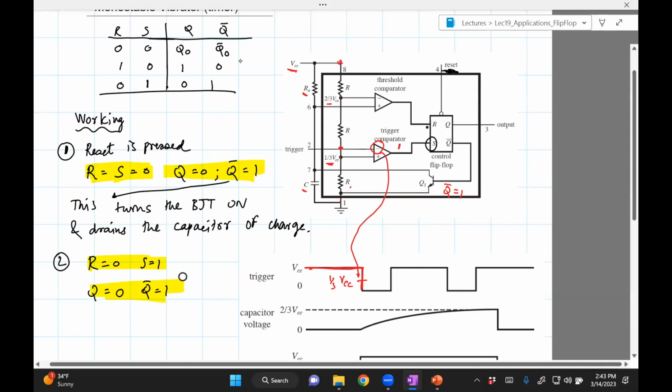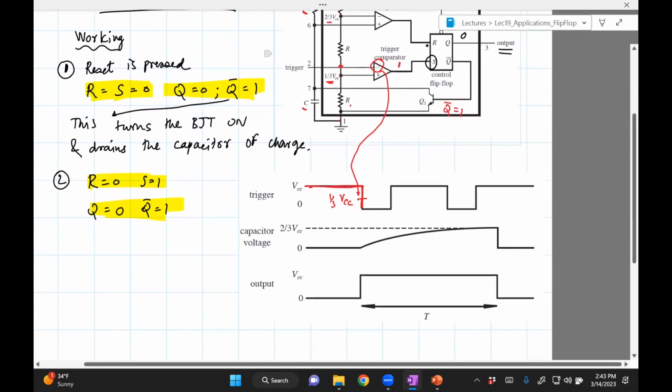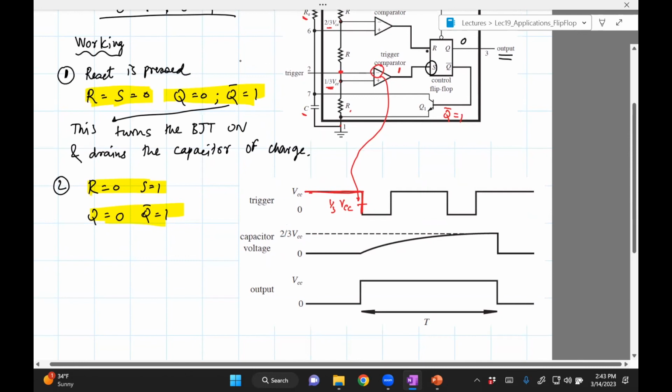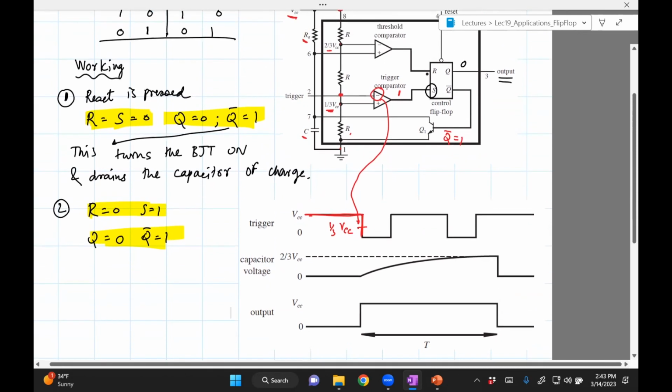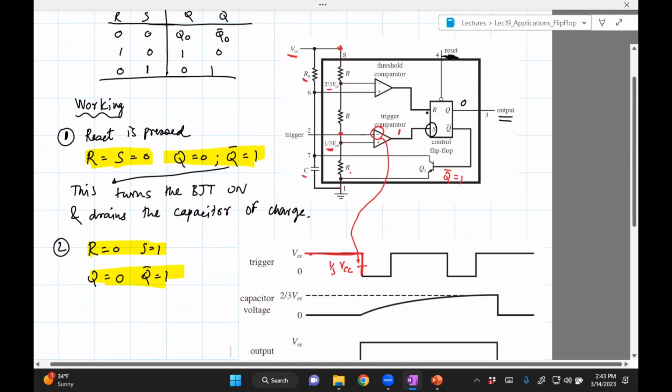So what has happened here is Q equals 0. So the output is 0. Something is wrong.